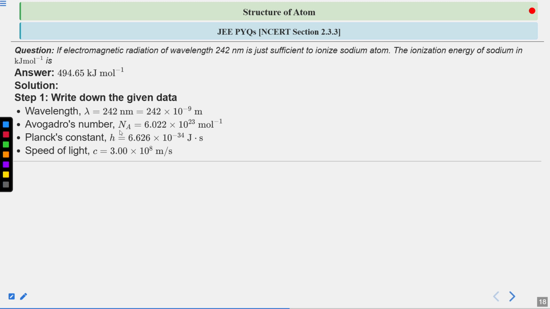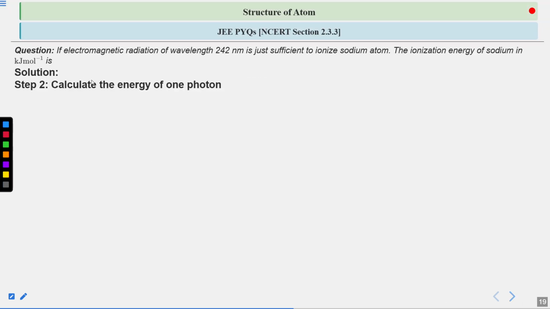Planck's constant, h, equals 6.626 times 10 to the power minus 34 joule second, and the speed of light, c, equals 3 times 10 to the power 8 meter per second. So these are the given data which you are going to use in the solution.